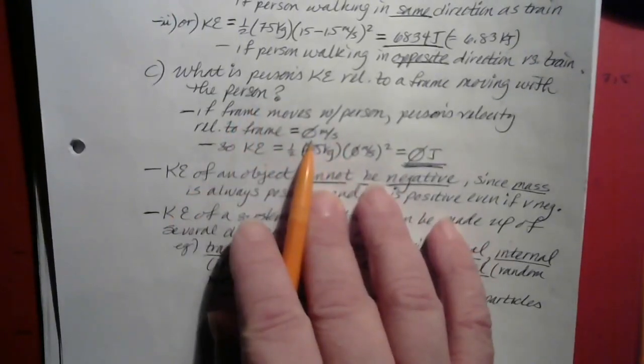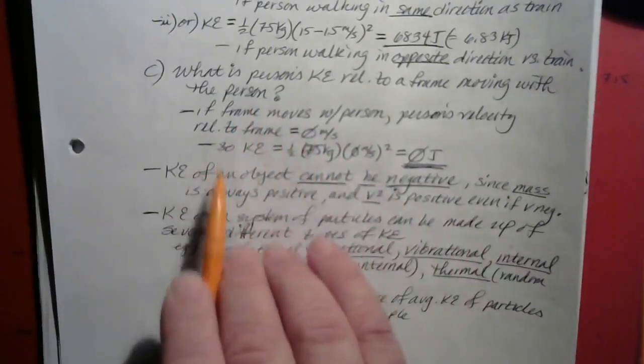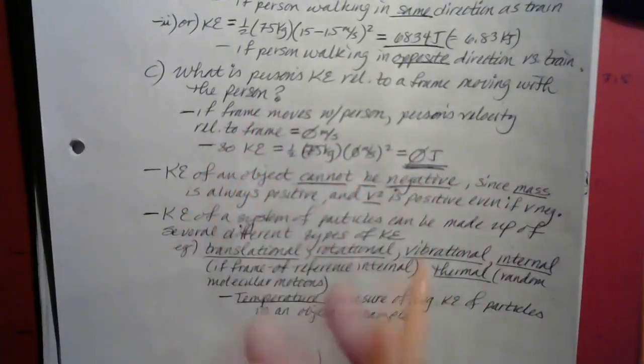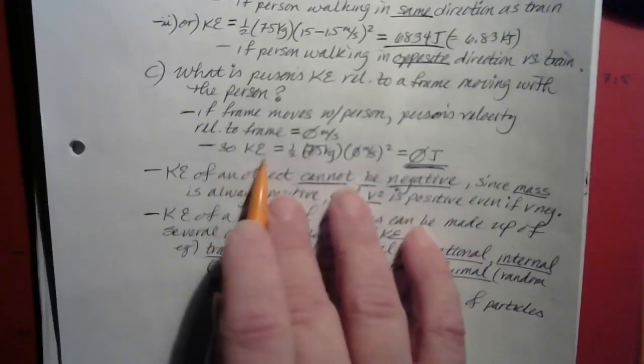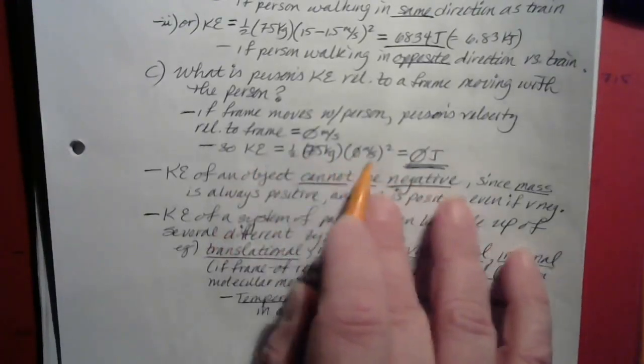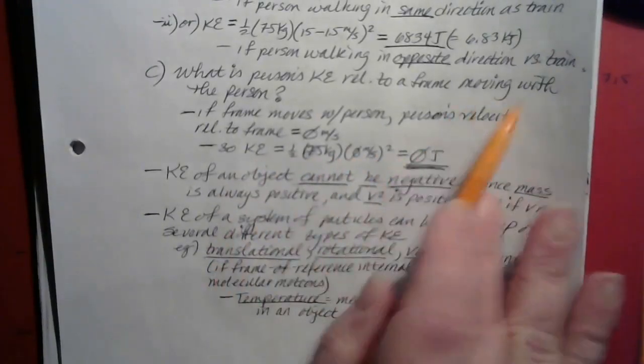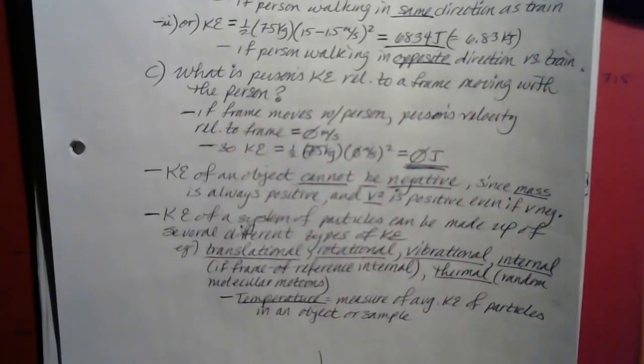Indeed, it's zero, because your velocity relative to yourself is zero. Relative to yourself, you're not moving. And so the KE would be 1/2 times 75 times 0 squared, which is 0. So if the frame of reference is attached to you, your velocity and your kinetic energy relative to that frame of reference, which is you, would be 0.